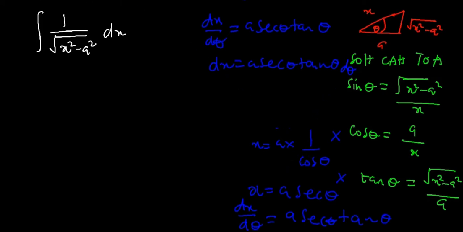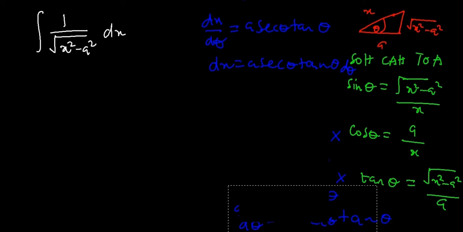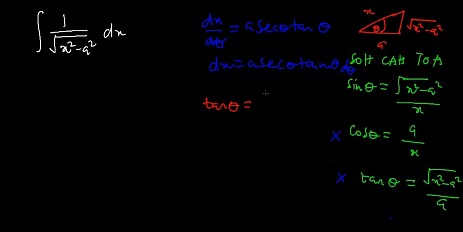So what we'll do next is focus on tangent of θ, since it was part of the ones we selected. tan θ equals the square root of x squared minus a squared, divided by a, right?